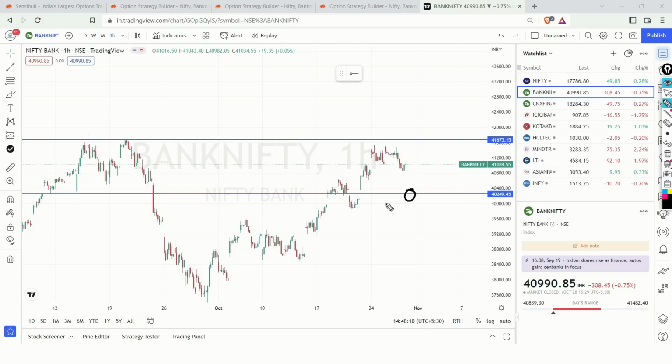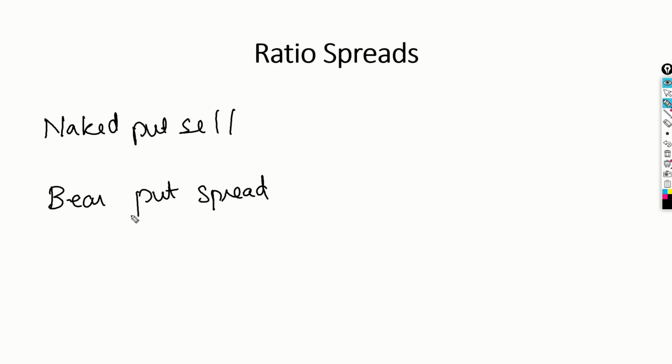Whenever we want to adjust, it's always essential to break down and simplify the positions as much as possible. A ratio spread is nothing but a naked put sell and a bear put spread. In this example, we have spoken about a bullish ratio spread. If we are talking about a bearish ratio spread, which is definitely possible, then we are going to have a naked call sell and a bull call spread, right?